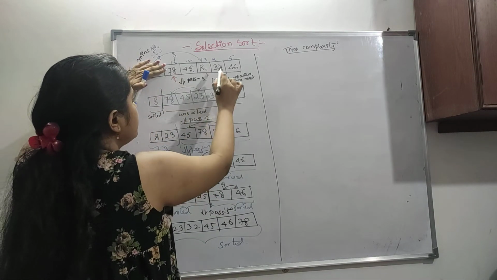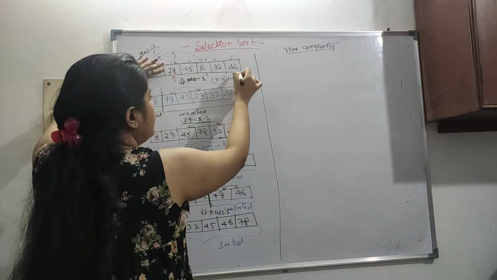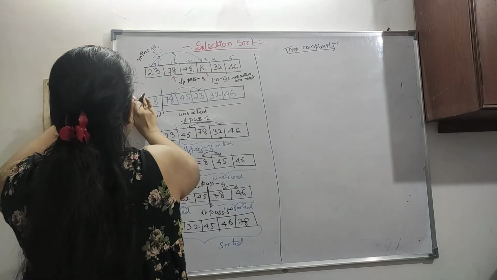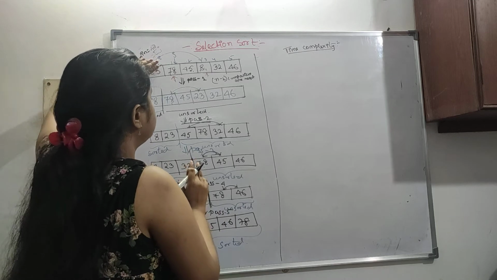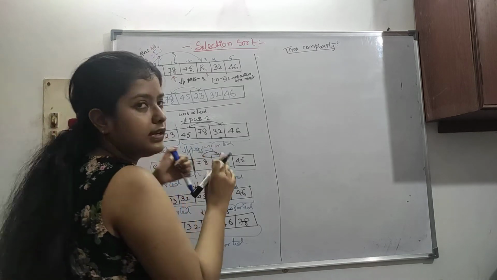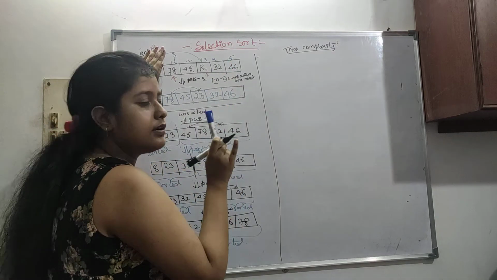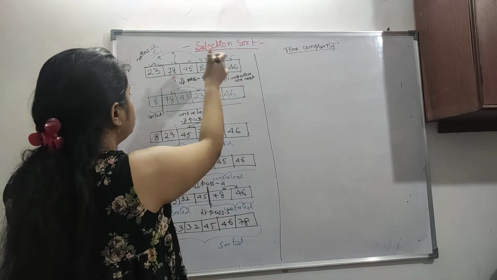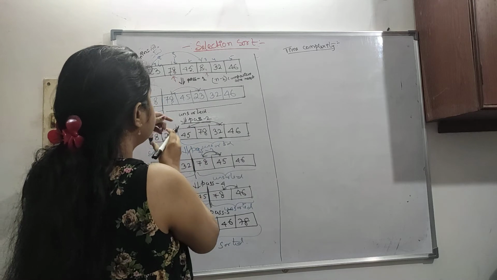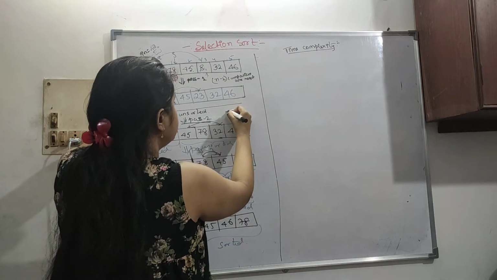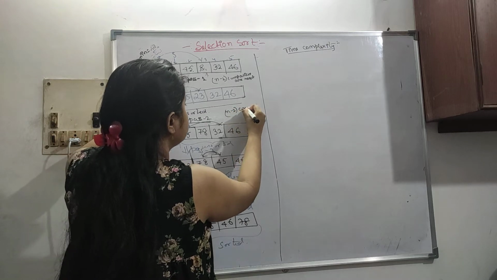Now we have to check, in the worst case it can go till n minus 1 comparisons. Since one element is already taken as min, n minus 1 comparisons are required. Okay. So now after this, this element is done. So next, n minus 2 comparisons are required.